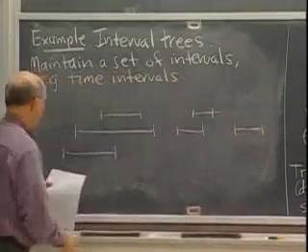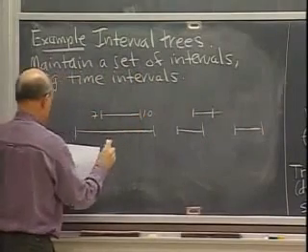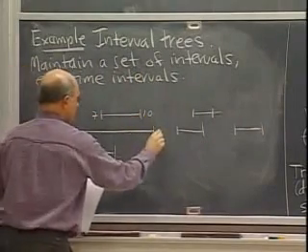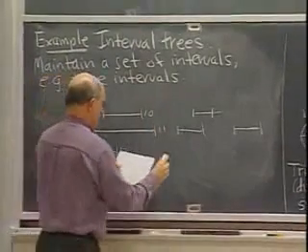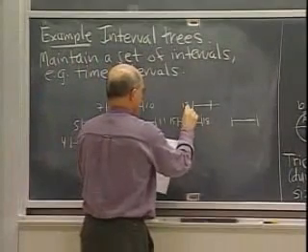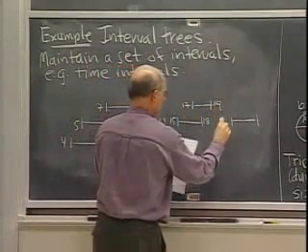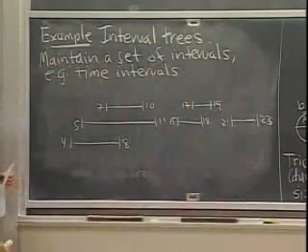Okay, so this is going from 7 to 10, from 5 to 11, from 4 to 8, from 15 to 18, 17 to 19, and 21 to 23. Okay, so this is a set of intervals.